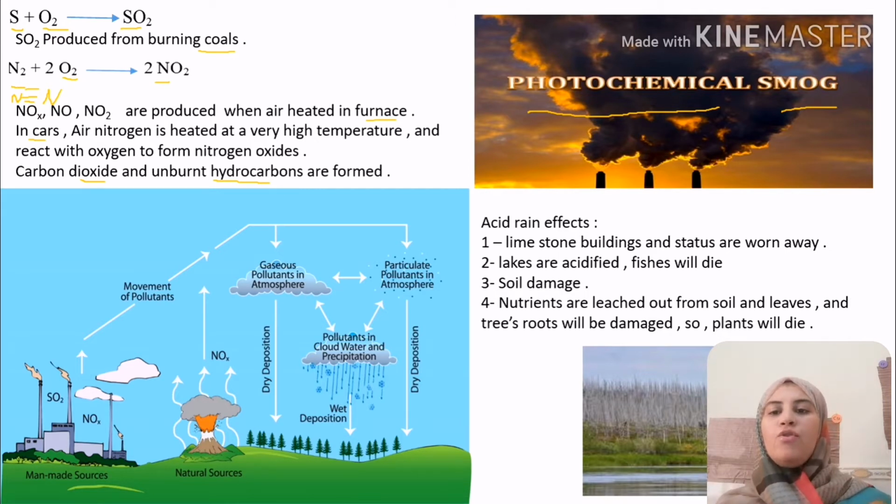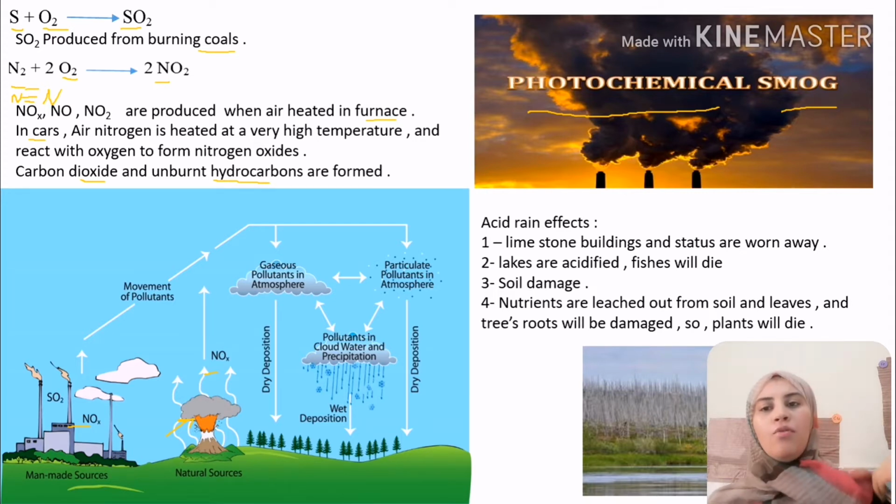Then we have the factory, which is a source of sulfur oxides and nitrogen oxides. Also we have natural sources of nitrogen oxides. The volcano is one of the natural sources of nitrogen oxides.